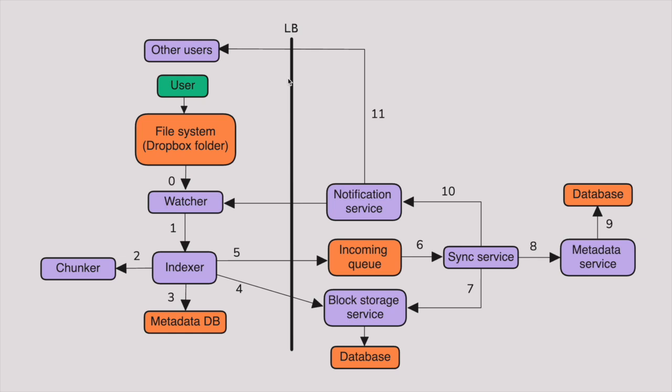Following our original workflow, as the file was added and the local database was updated, the next step is that we would send all the newly created blocks to the block storage service.